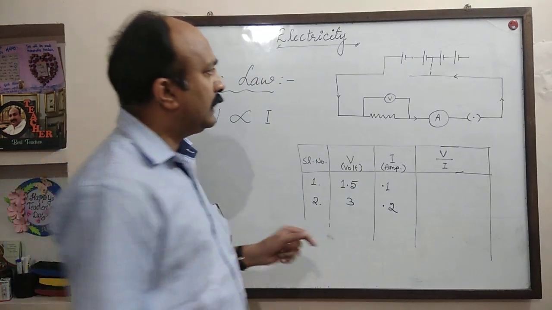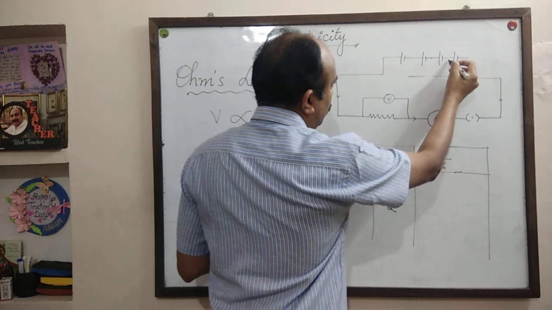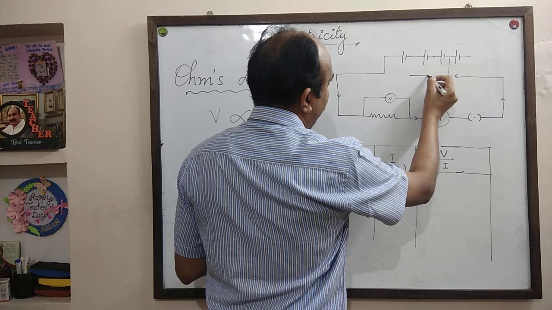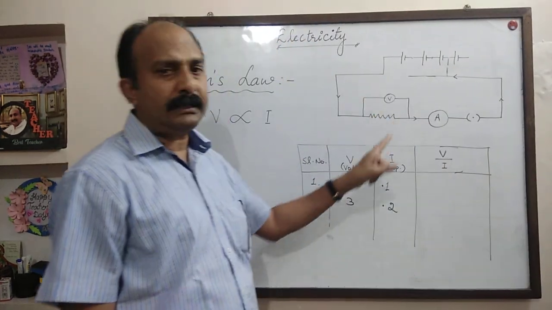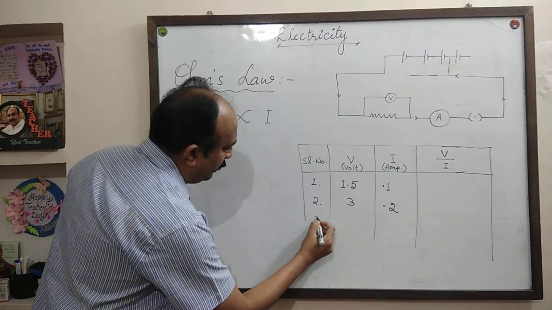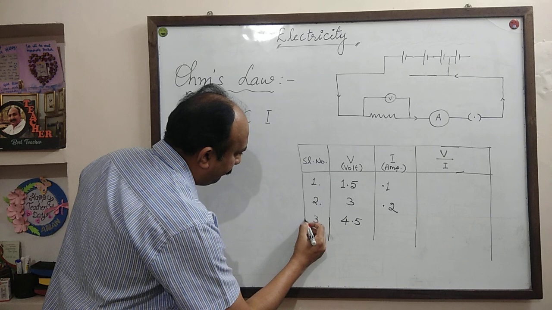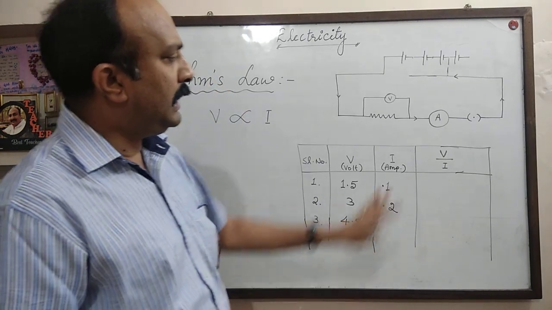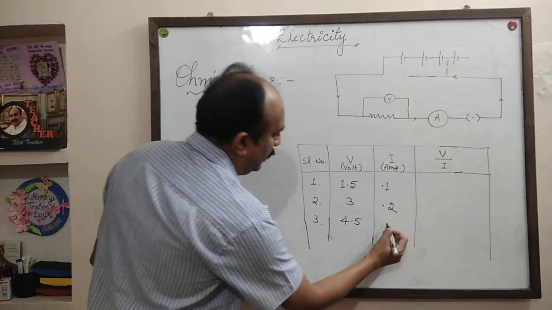In the same way, now you connect the third cell also in the circuit. The third cell is connected in the circuit. So total voltage will become 4.5 volts. Suppose this time the ammeter gives the reading of say 0.3 ampere.